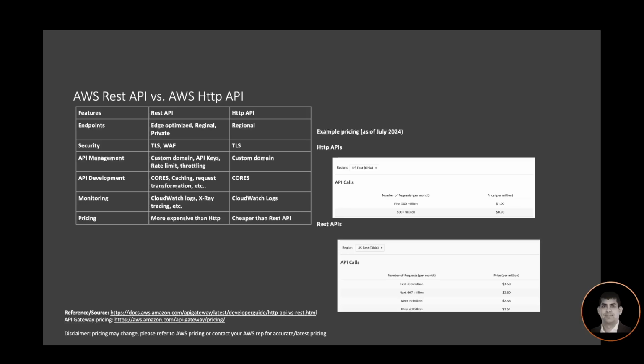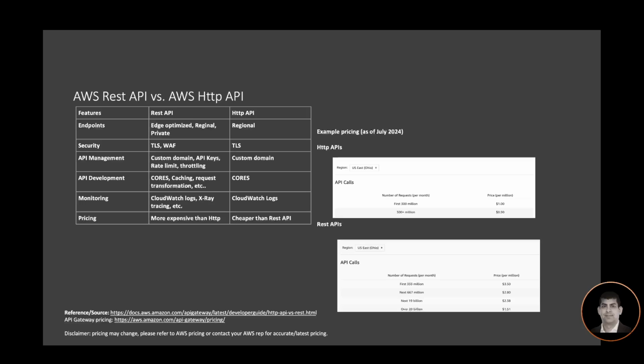And for REST API for the same region, the first 333 million is like $3.50 and so on. Again, prices may change. Please refer to AWS pricing or contact your AWS rep for accurate latest pricing. But these are the differences between HTTP API and REST API.